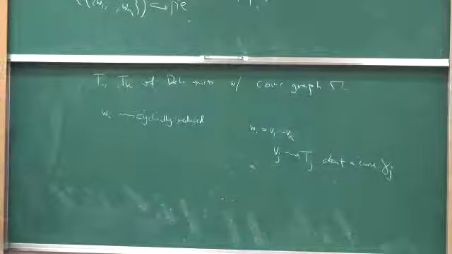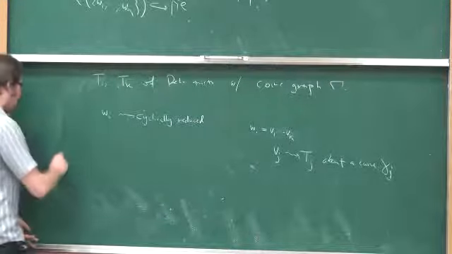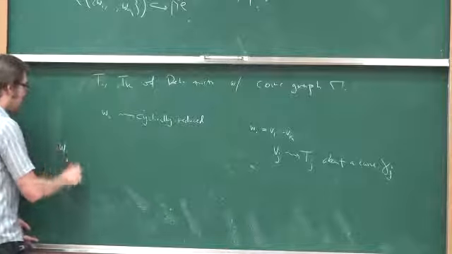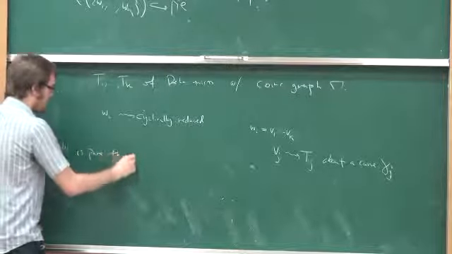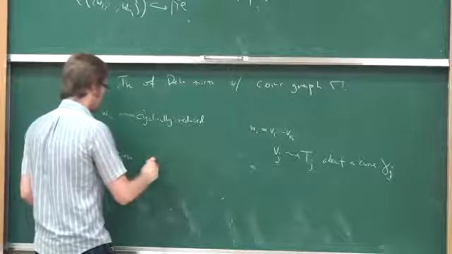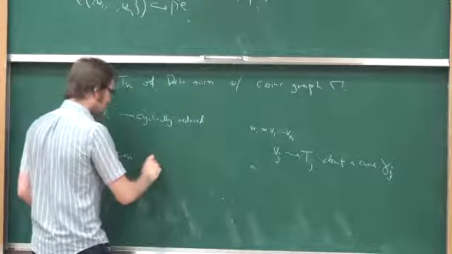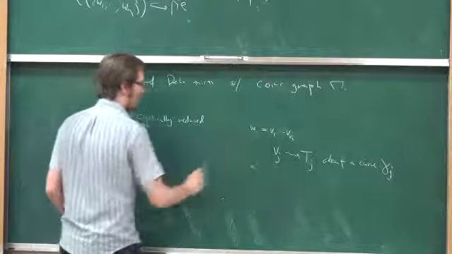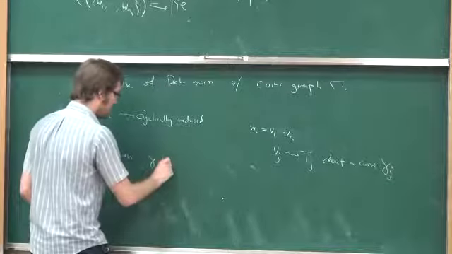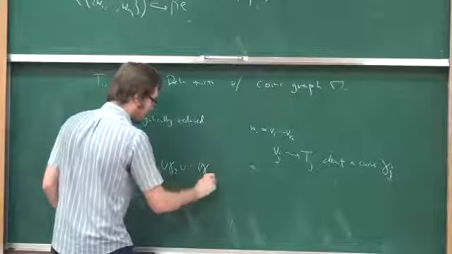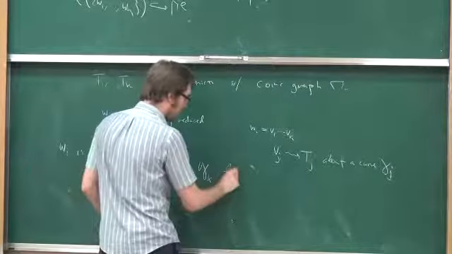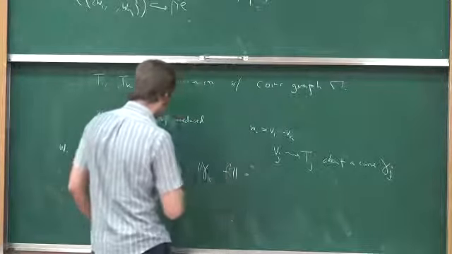Now, the fundamental observation is that if Wi is pure, then the curves that we have here, gamma 1 union gamma 2 all the way to gamma k, fill a connected surface.